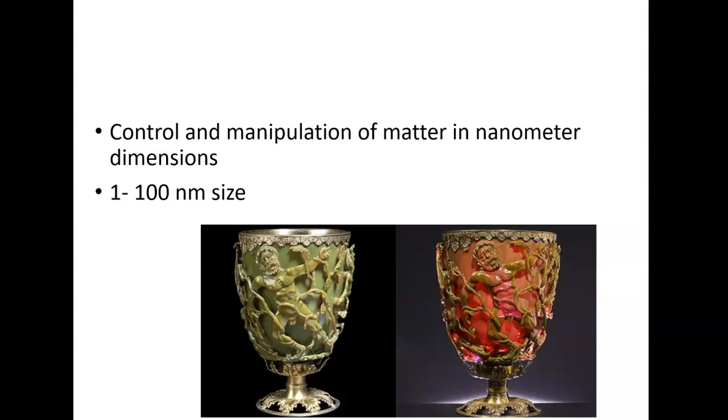Beyond that, it is difficult to imagine the events and processes occurring at 10⁻⁹ meter scale, that is, the nanometer scale. So in nanotechnology, we focus on processes of materials at a scale of 1 to 100 nanometers. You should be able to imagine how small that is. But this particular range is very important in biology and in many applications in our day-to-day life.